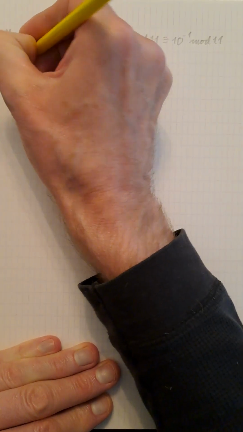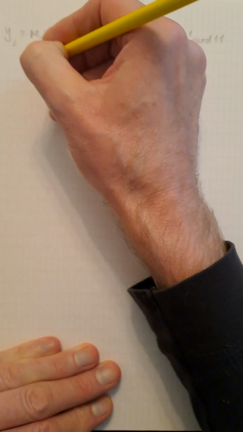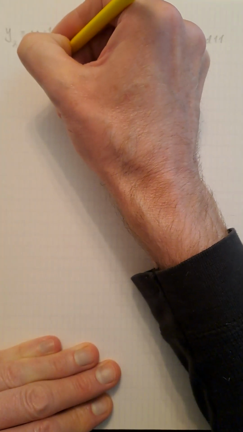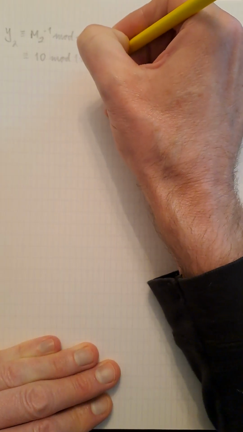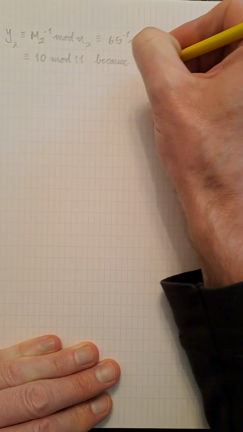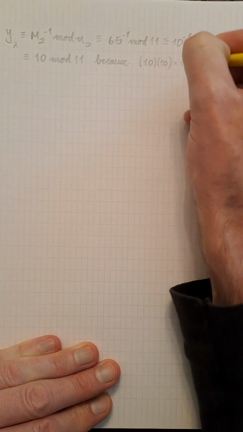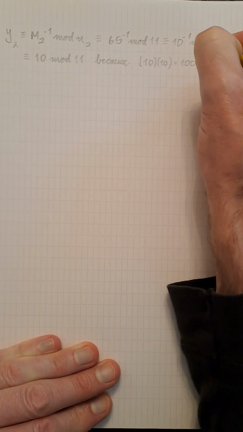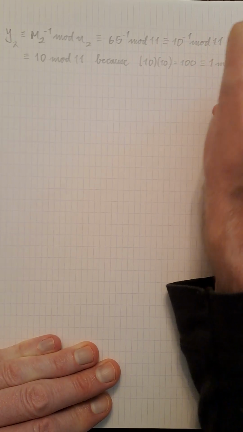And again, it's not too hard to see that the answer is 10 mod 11, because 10 multiplied by itself gives 100, and that really is congruent to 1 mod 11, because 11 divides into 99.